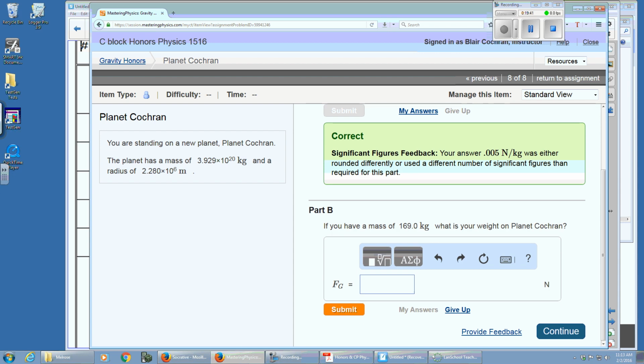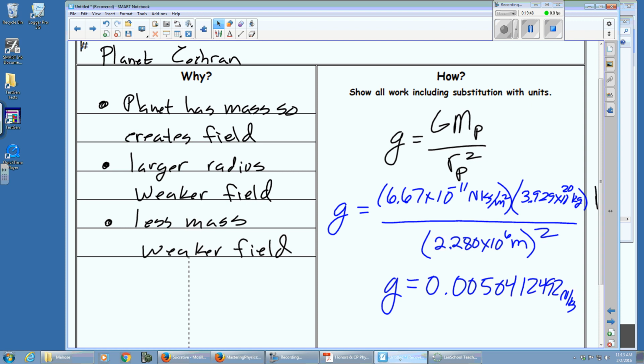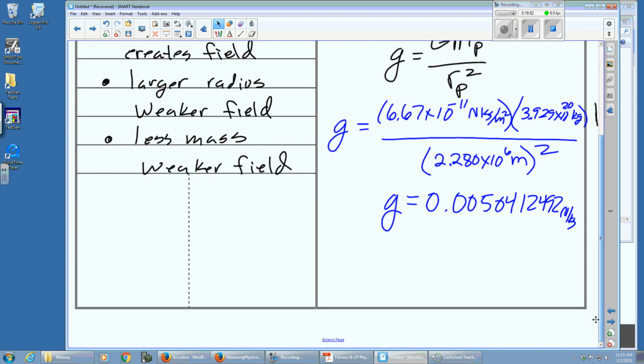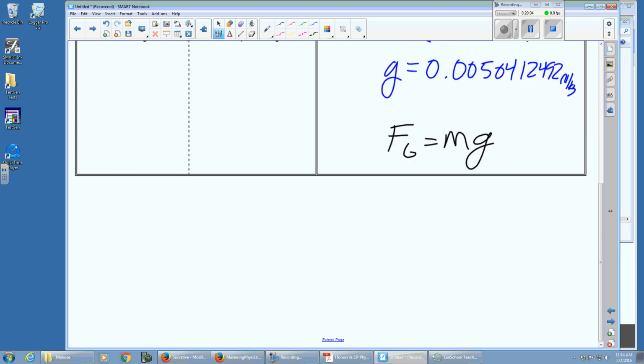And then I'm asked if you have a mass, for me it's 169 kilograms, what's your weight on planet Cochran? So I remember from my equation sheet that the force of gravity, which is also known as the weight, is mass times the gravitational field strength. Substitute in.